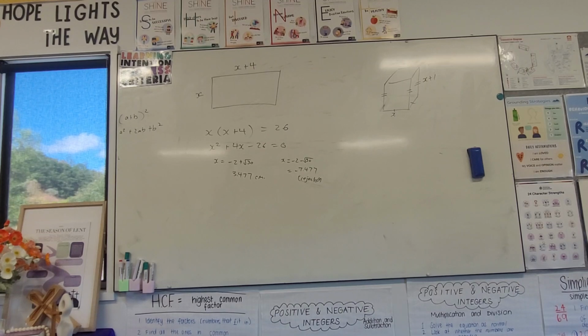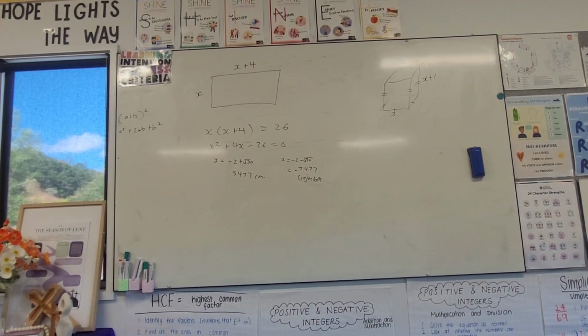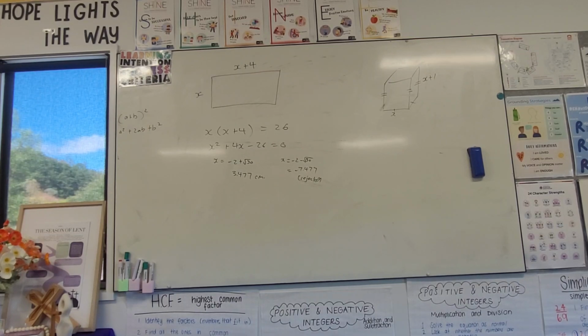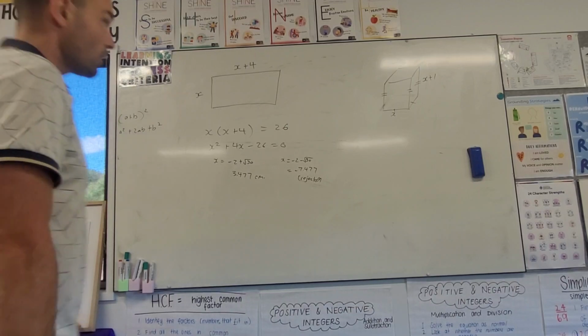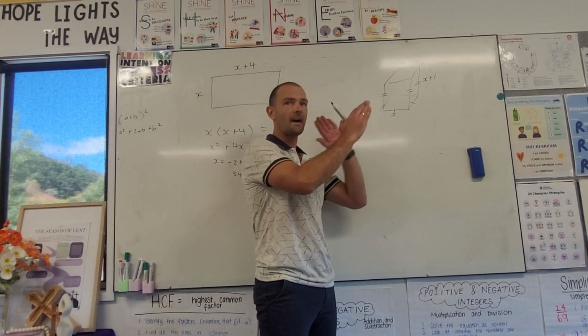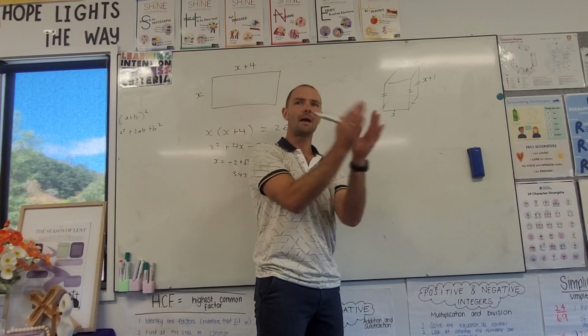The rectangular box has a square base. Its height is 1 centimetre longer than its base side. The total surface area of the box is 240 centimetres squared. Show that the total surface area is given by this equation. Surface area means you've got to find the area of each face and add it all up together.